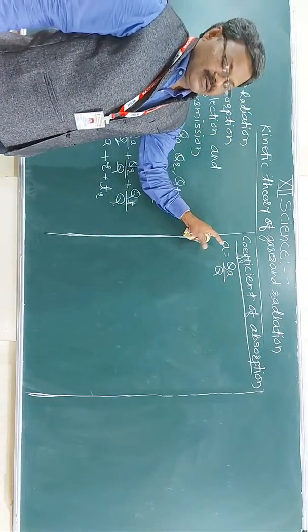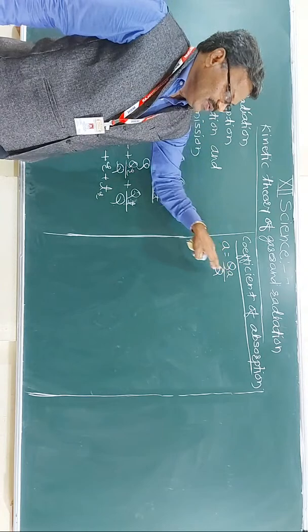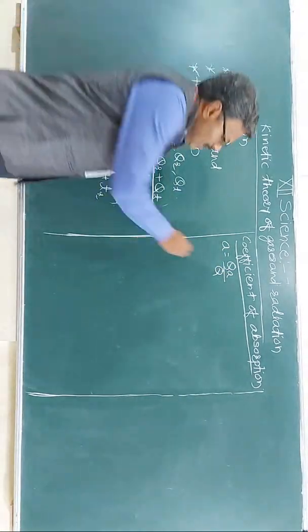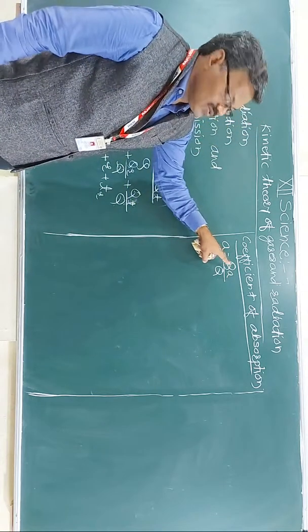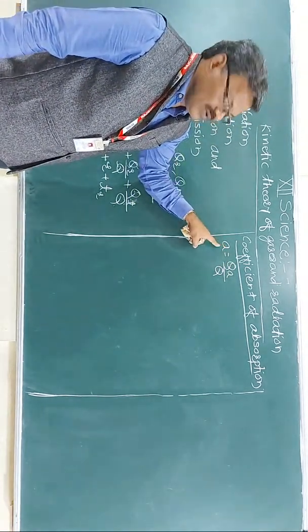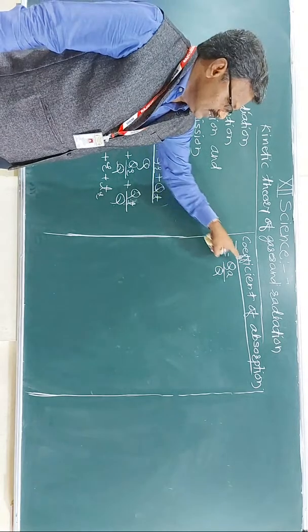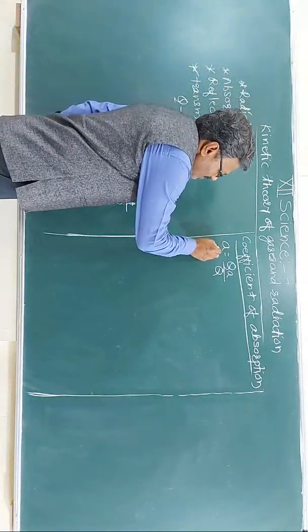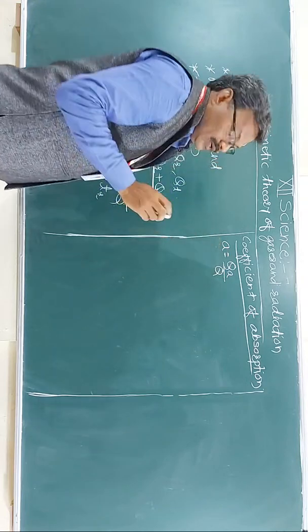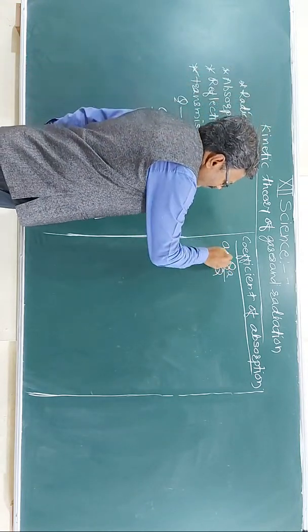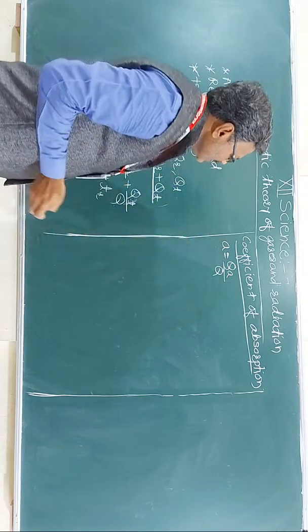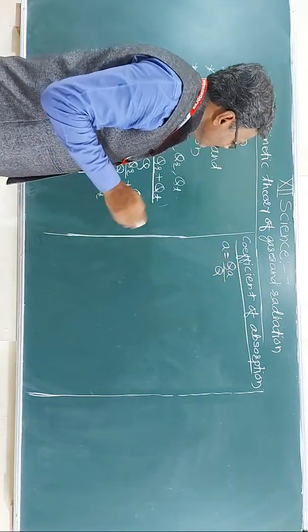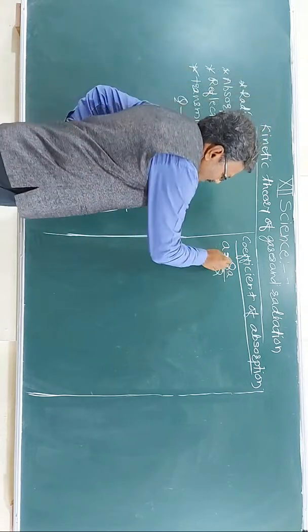Remember this relation: a is equal to QA/Q. This is the coefficient of absorption. It is the ratio of these two quantities.